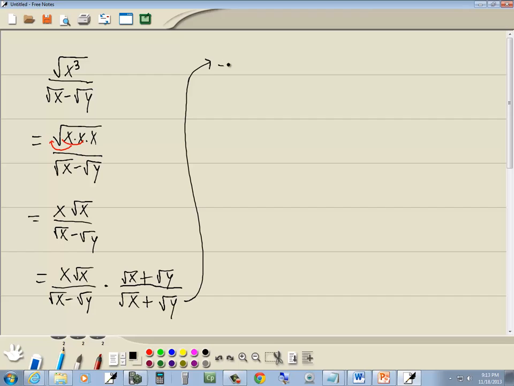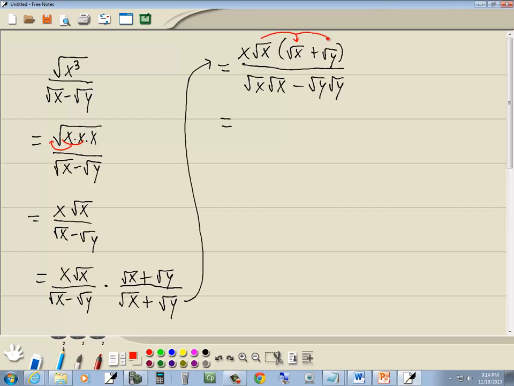Okay, so up on top, we're going to have x square root of x times square root of x plus square root of y. Now, the nice part about conjugates is all you have to do is multiply your first parts together, so square root of x times square root of x, minus, and then your last parts together, square root of y times square root of y. Well, when we use the distributive property up above, we're going to take x square root of x times square root of x and times square root of y.